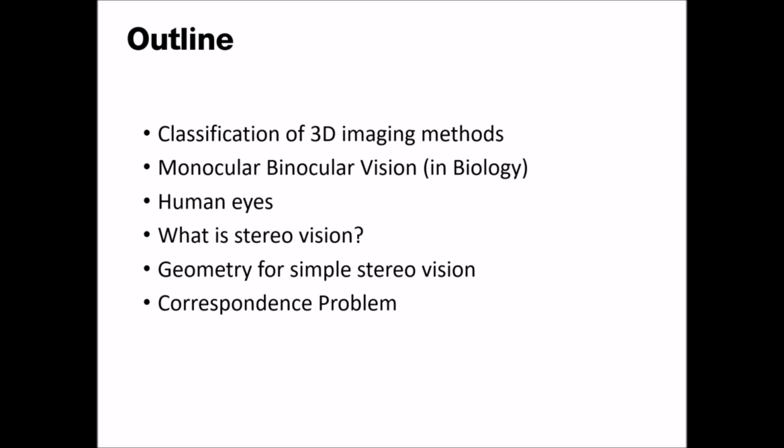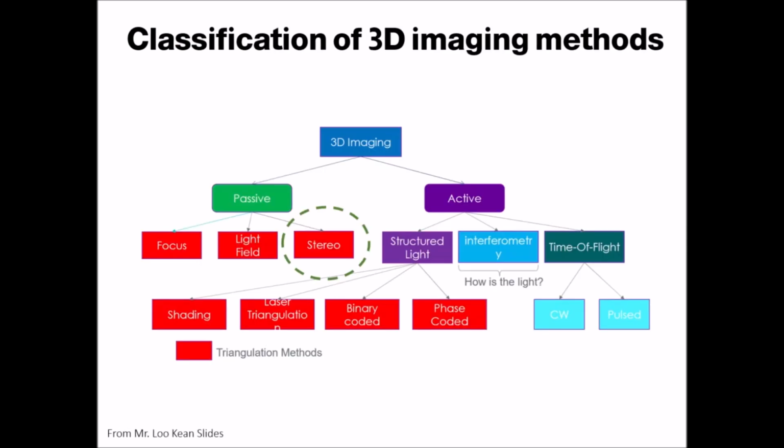This is the outline of our slide. Next, here is the classification of the 3D imaging methods. We have 3D imaging, with active and passive methods and a lot of branches under each one.